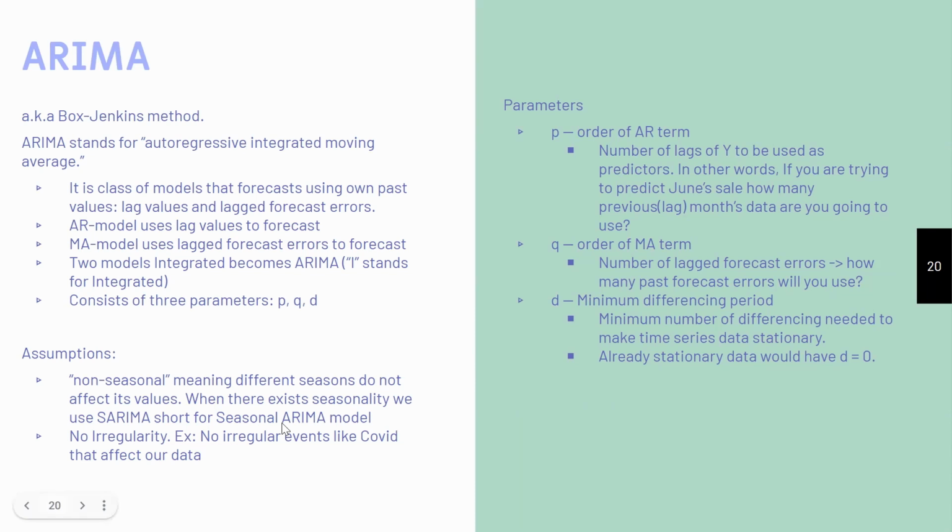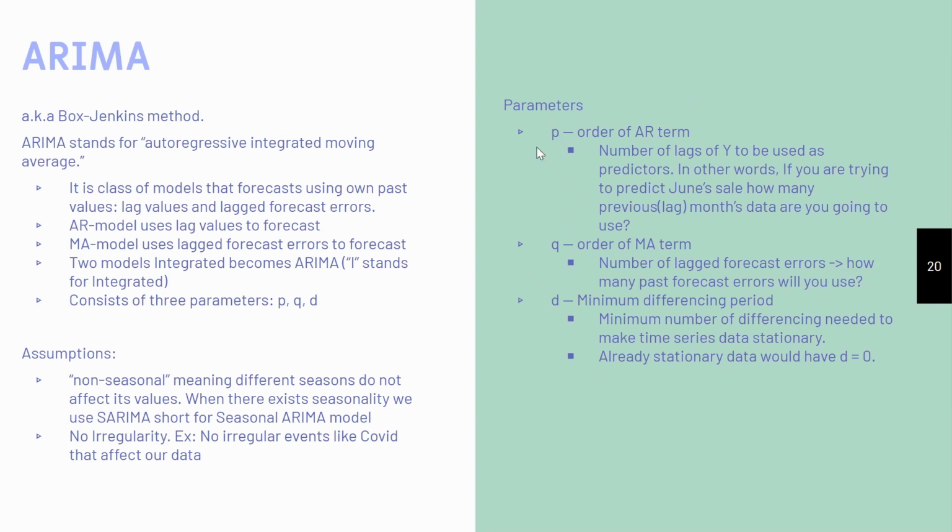So it's not really a drawback of ARIMA in general, because you can make ARIMA a seasonal forecast. It's just that the regular ARIMA doesn't include seasonality, if that makes sense. And also, it doesn't deal too well with irregularity or large outliers, which would be irregularity in your data. So things like COVID, or in an economic sense, like a recession.